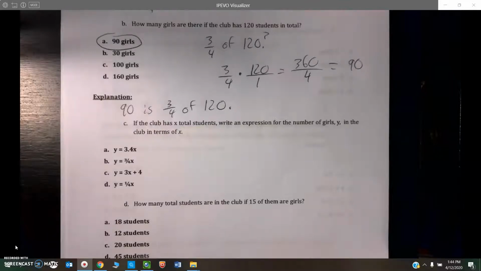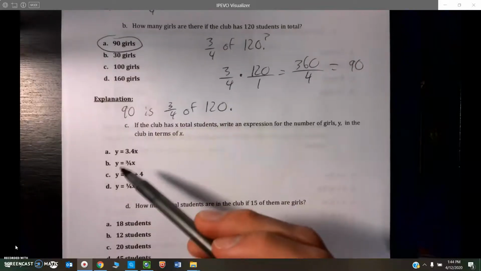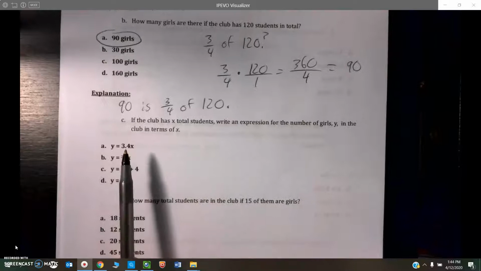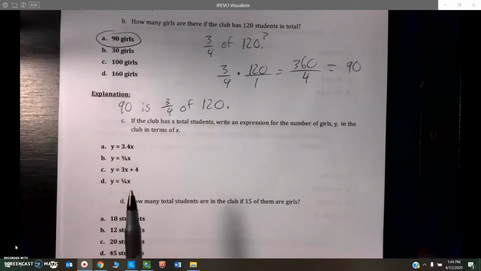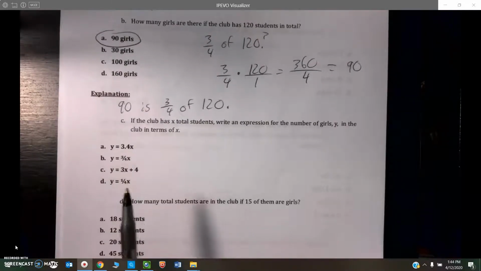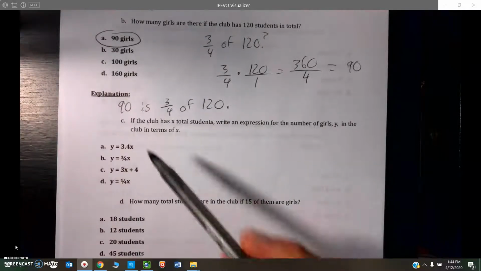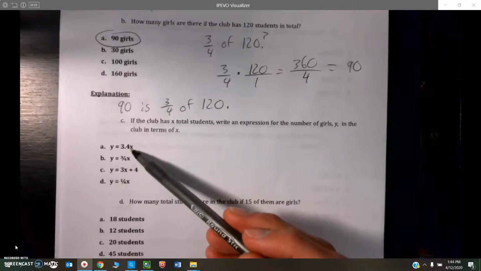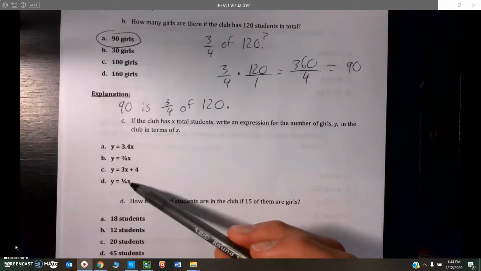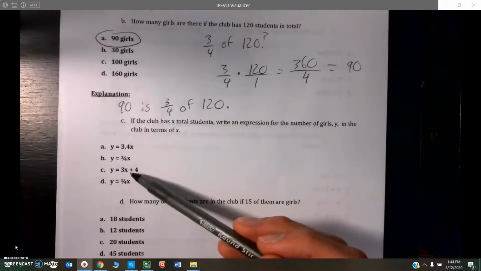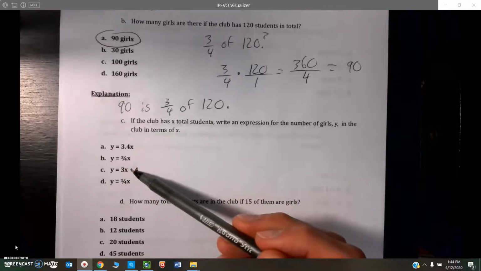So essentially, we need to find an equation here that we could use to have solved the previous two problems. Well, so I know that to find a fraction of a number, we need to multiply. So this one's multiplying, this one's multiplying, and this one's multiplying. So I can scratch this one off right away, because we're not adding anything here.